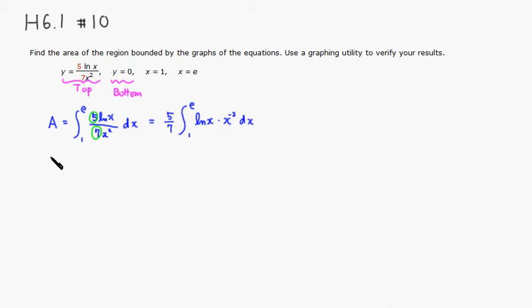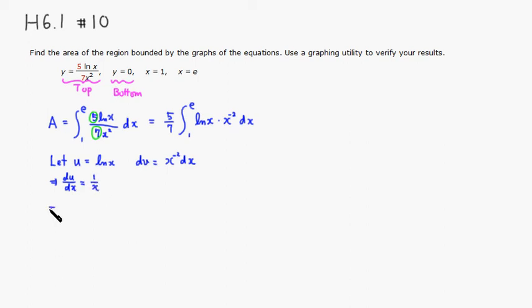So integration by parts. Let u be natural log of x, as usual. Then dv is x to the negative 2 dx. Then go through the usual drill. du over dx is equal to 1 over x.